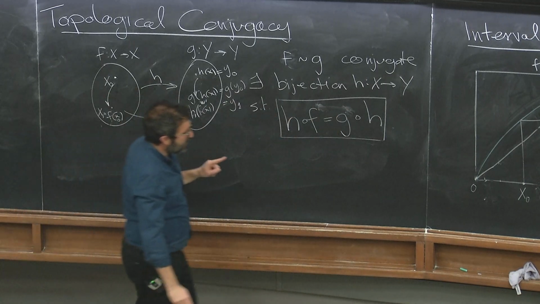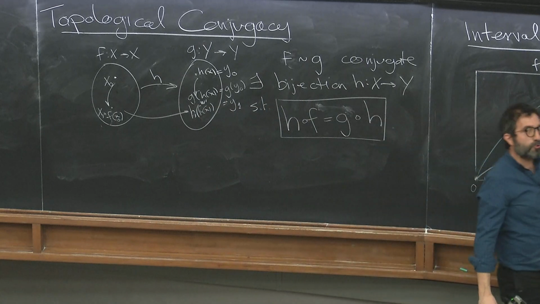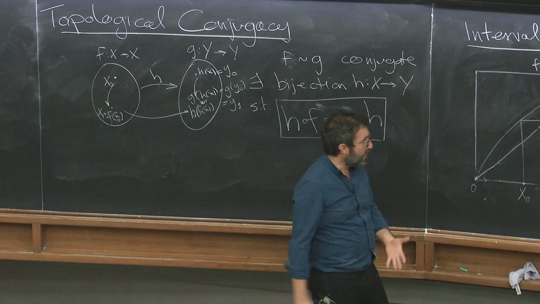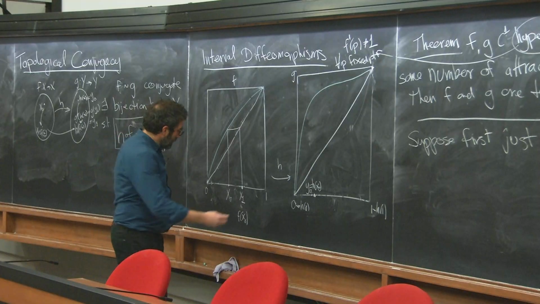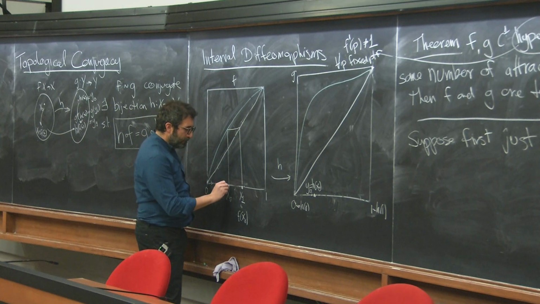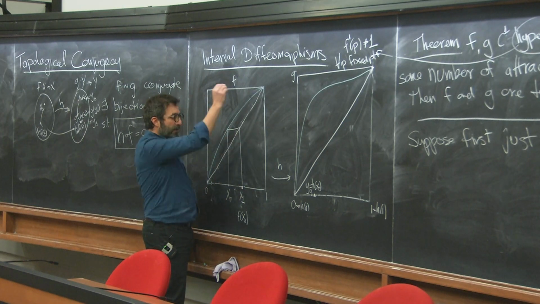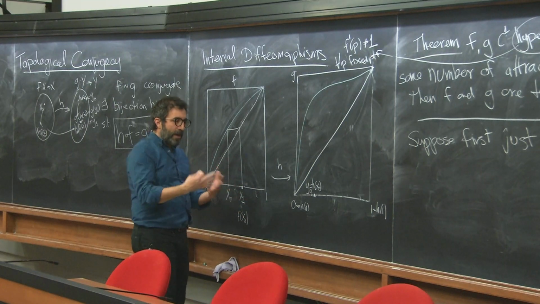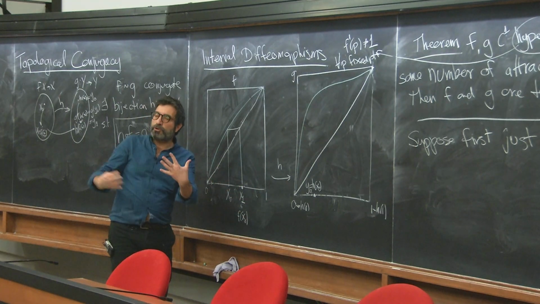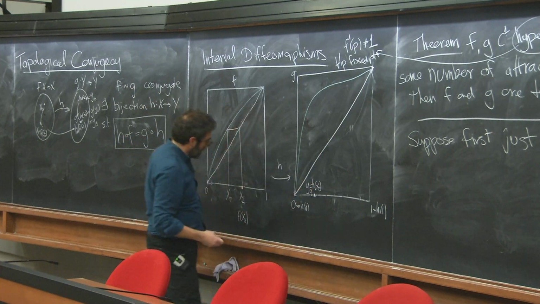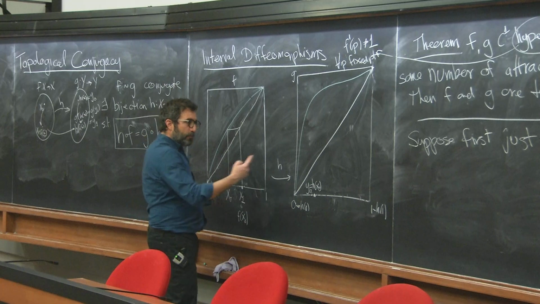So that means that if we're trying to construct the conjugacy, we must construct a bijection that has that property, right? So if you choose an arbitrary point x0, and you look at, under F, you look at x1, and at the moment we don't have any reference point, so we're just trying things out. So let's just choose an arbitrary point y0 and decide that H will map x0 to y0.